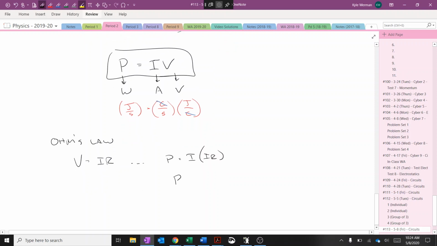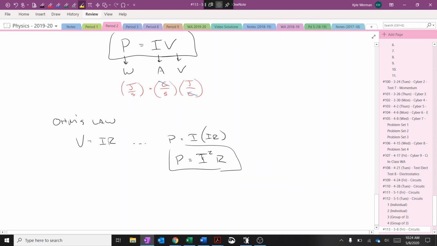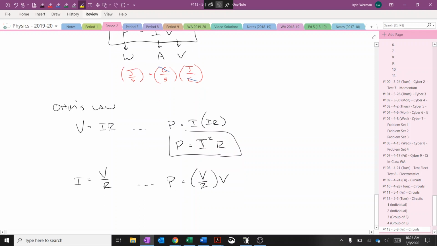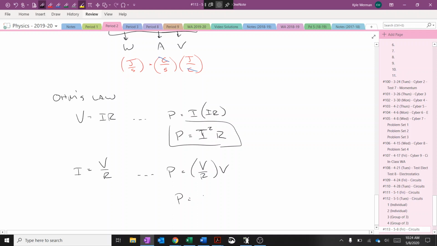And so I have another equation, P equal to I squared times R, just by combining Ohm's law and P equals IV. And since I is equal to V over R, we can also say that P is equal to V over R times V, which gives you P equal to V squared over R.